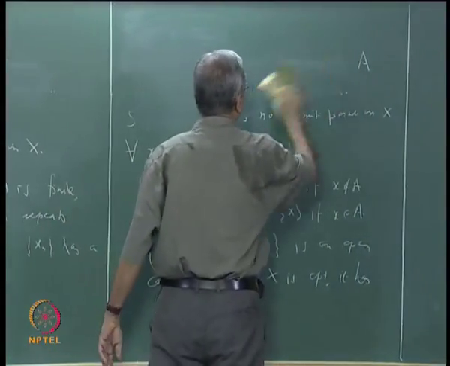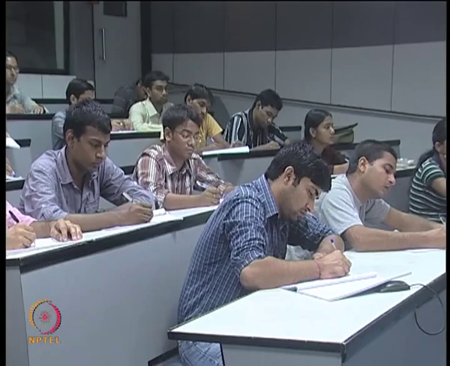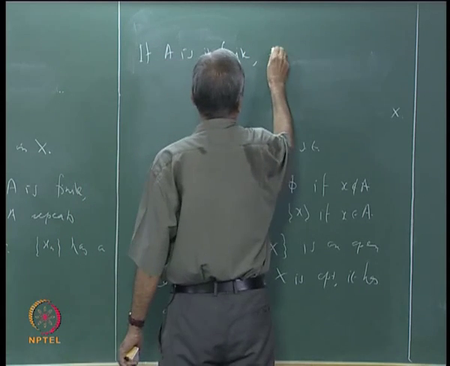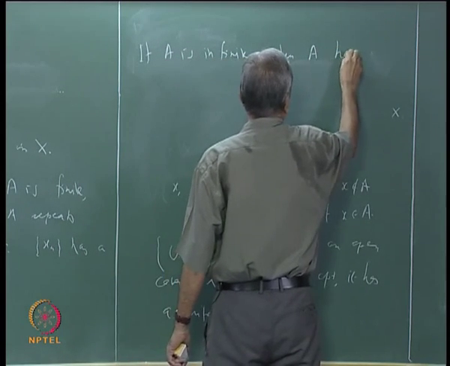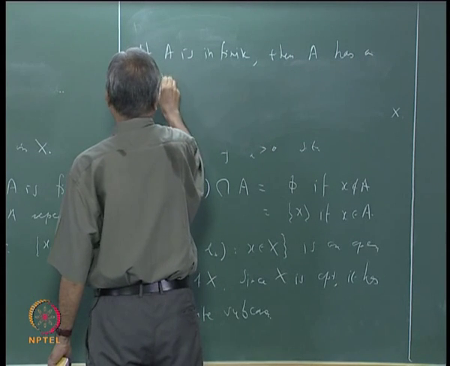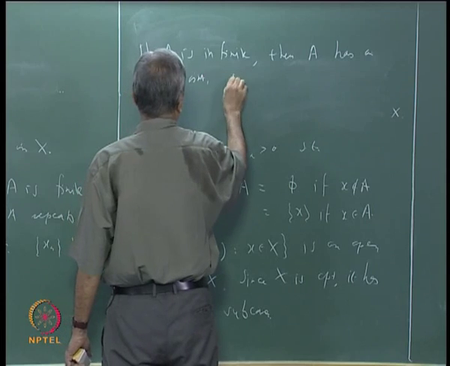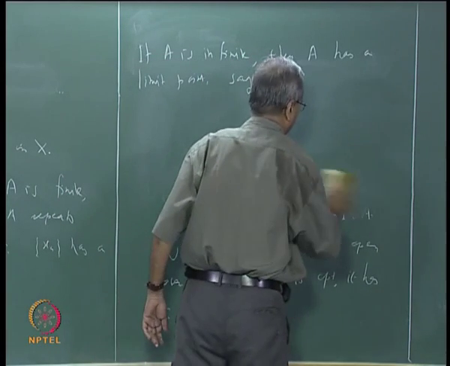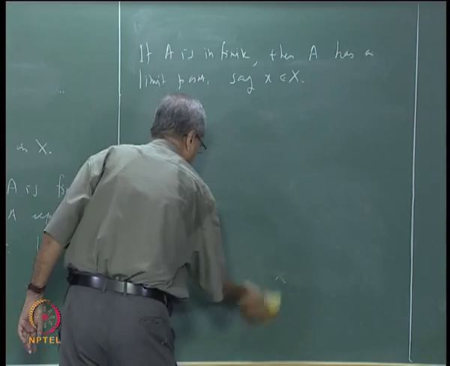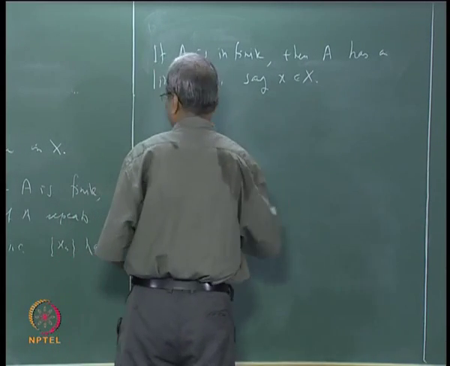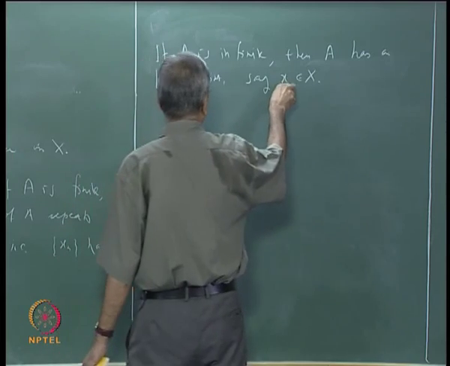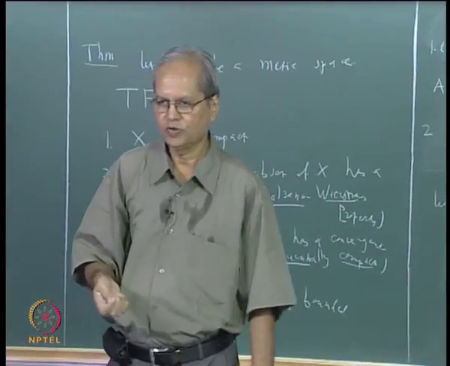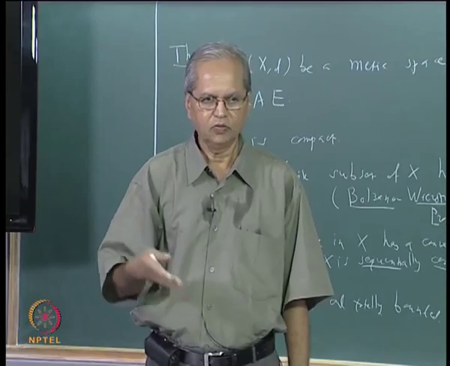If A is infinite, then A has a limit point, suppose I call it x, small x belonging to capital X. And then, remember we have already shown that if you take any point in the closure of a set, then you can find a sequence of elements of that set converging to that point.